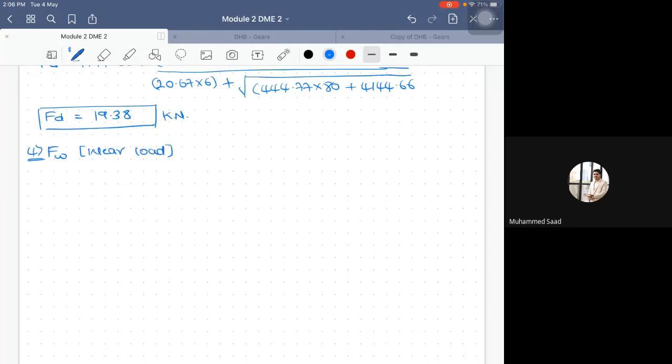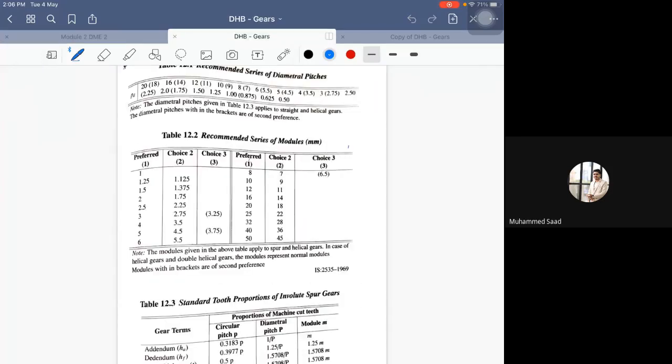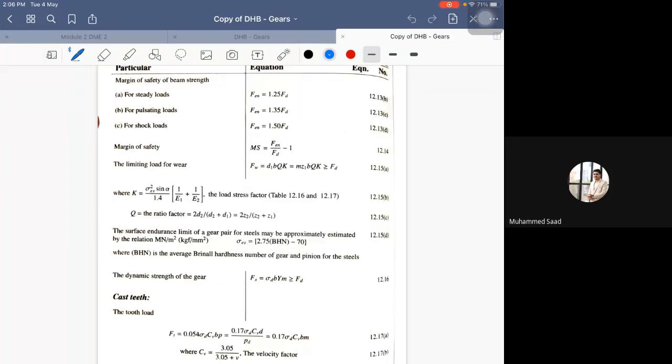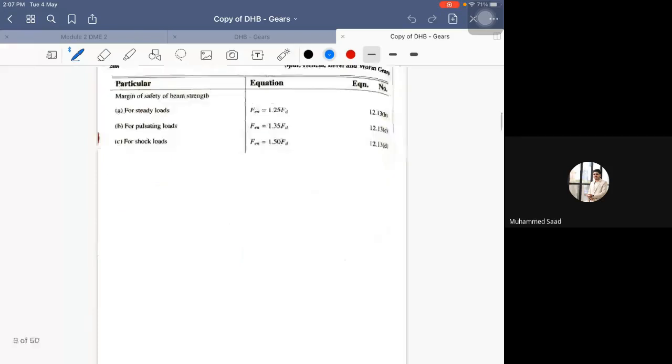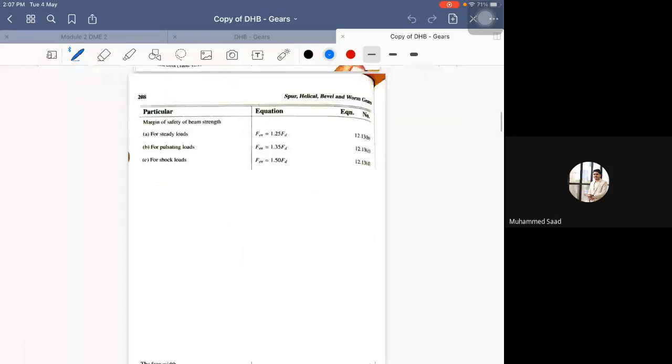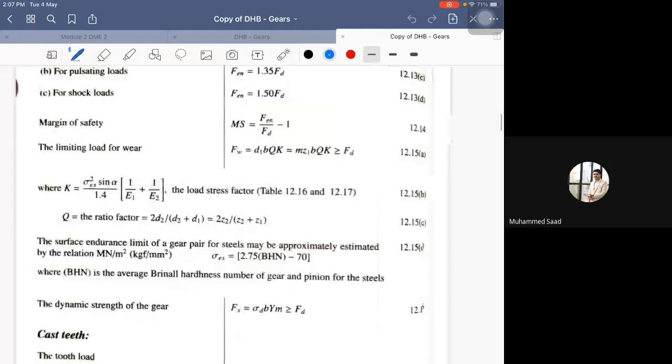So just check in the data handbook, all of you. Very good. Nitish, page number? Okay, this is a table. Page number 208, 12.5a.